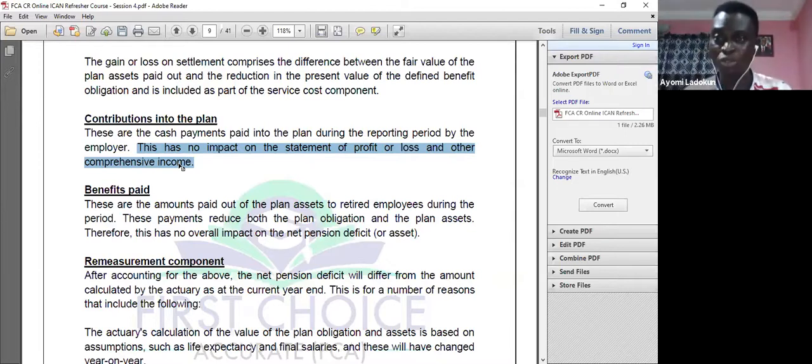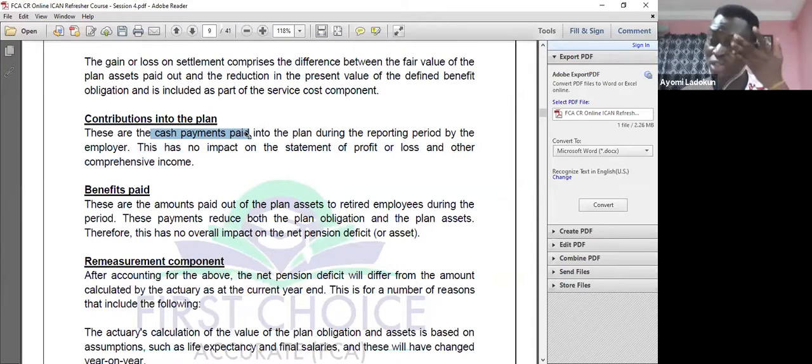You leave it like that. So you just add it up as part of the deficit. But once your plan assets are now higher, which is already in negative, the contribution you're bringing in will be jacketed. Because it will have no impact, it's just your cash payment.